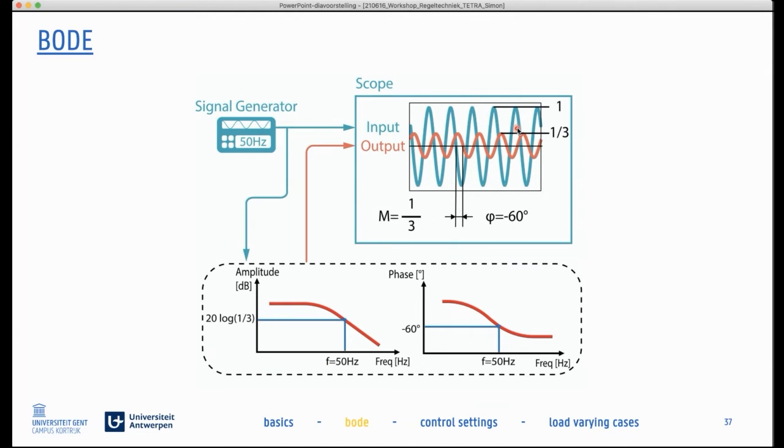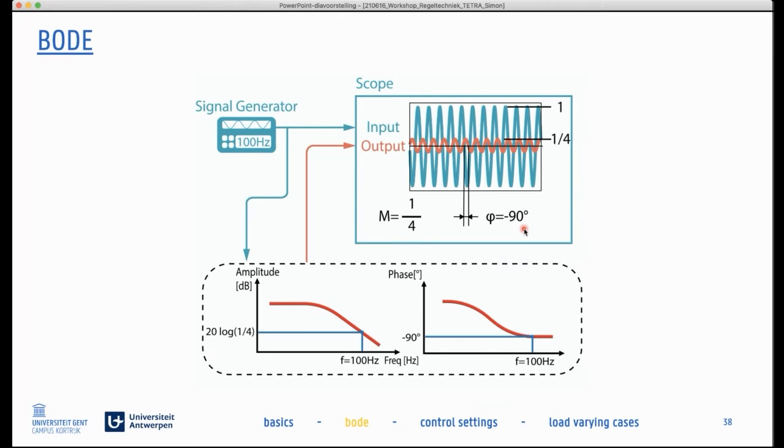At 50 Hertz, we already have an output value of 1/3, sorry. So we have this value here for the gain, which is 1/3, and we get a phase lag of 60 degrees. And we can go through different frequencies. We can measure different frequencies and see the output in amplitude and in phase.